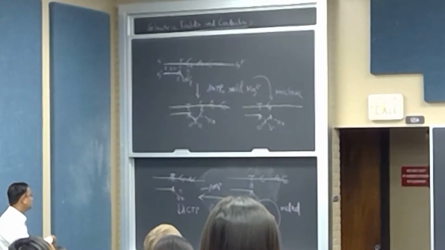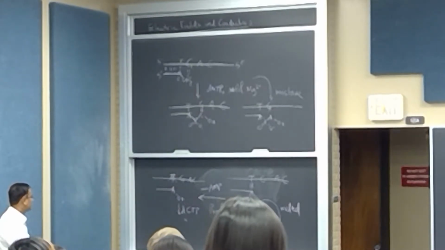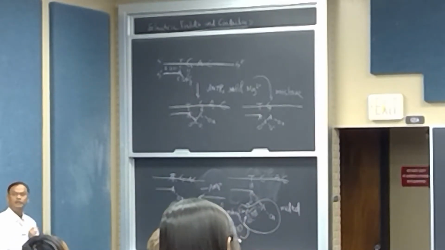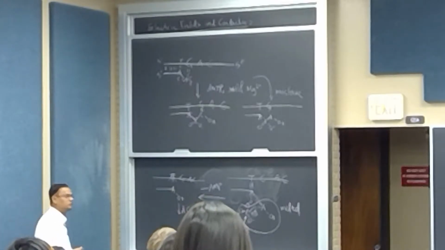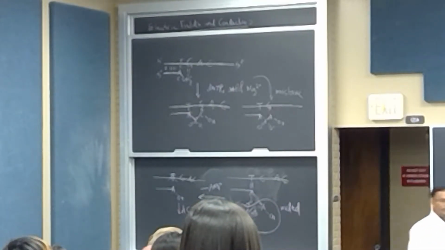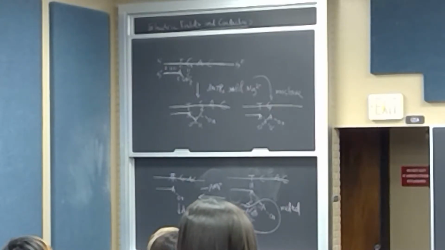Now it has the opportunity to incorporate a new correct nucleotide, and DNA polymerase moves on. Okay. So this whole thing is called proofreading. So once the DNA polymerase makes a mistake, it hydrolyzes the wrong nucleotide. If it does not hydrolyze, it's a problem.